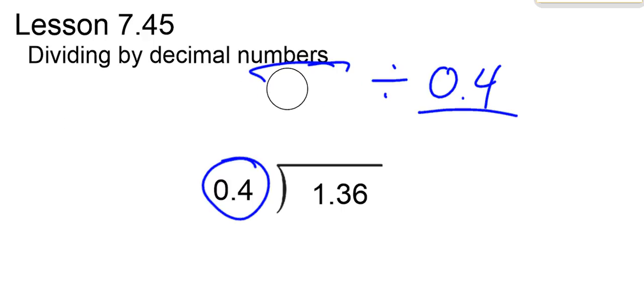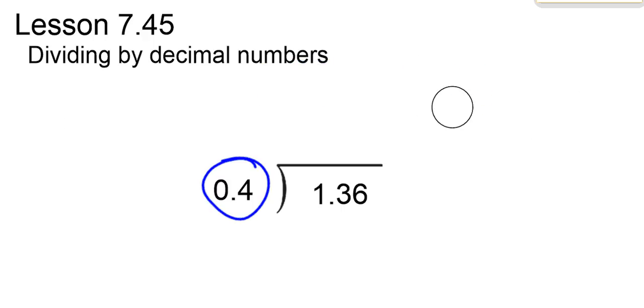So what happens when our decimal is outside of the box? We have to follow a step because mathematically we cannot divide by a decimal. So it cannot be here. So what do we do with it?